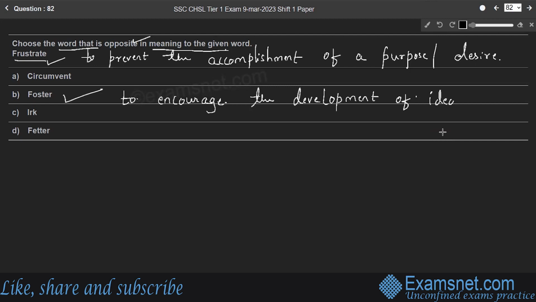So idea, purpose, etc. Whereas the remaining options: circumvent means to find a way around an obstacle or a problem, right? Irk means to irritate or annoy, which is not the opposite of frustrate. Fetter means to restrain or restrict, which is not the opposite of frustrate. Therefore option B is the right answer.